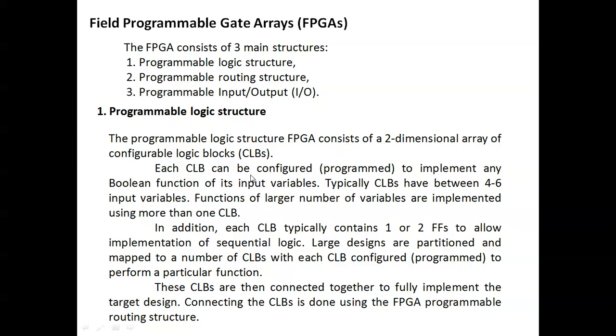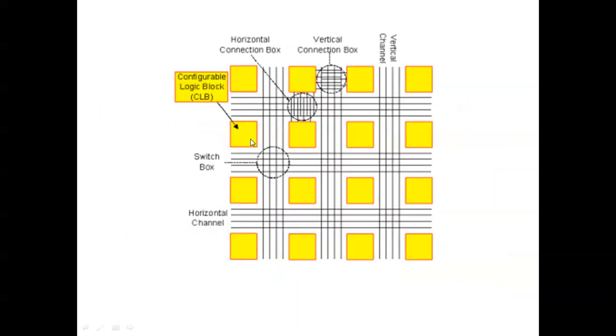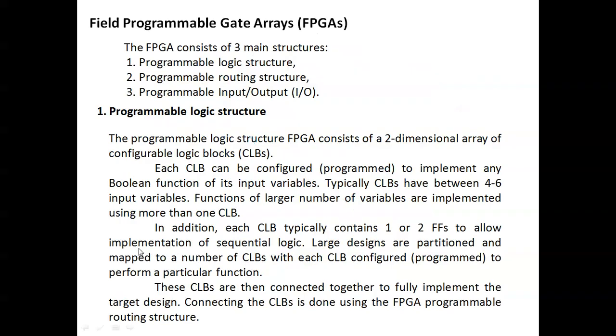So each CLB can be configured. That means programmed. So every CLB is configured, that means they are programmed and they implement the Boolean function of its input variables. CLBs have between 4 to 6 variables; functions of a large number of variables are implemented using more than one CLB.